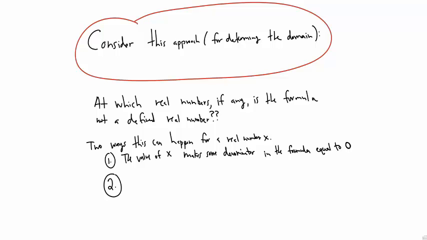The second is that it leads to taking a square root that is not defined as a real number. For example, the square root of minus 1. It's defined as a complex number, but not as a real number, which is what we need.